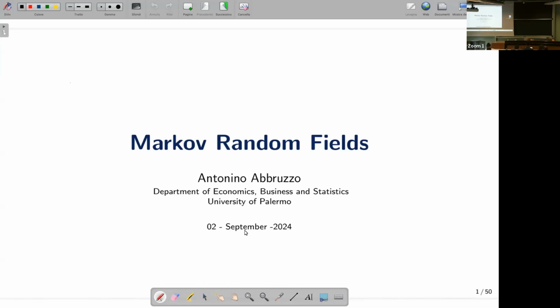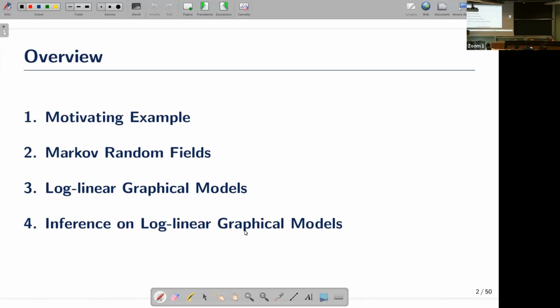Okay, so now, in the second part, we talk about Markov random fields, or undirected graphical models. Here we have undirected graphs. So the question is, why do we need undirected graphical models? Why can we not stop with directed ones?